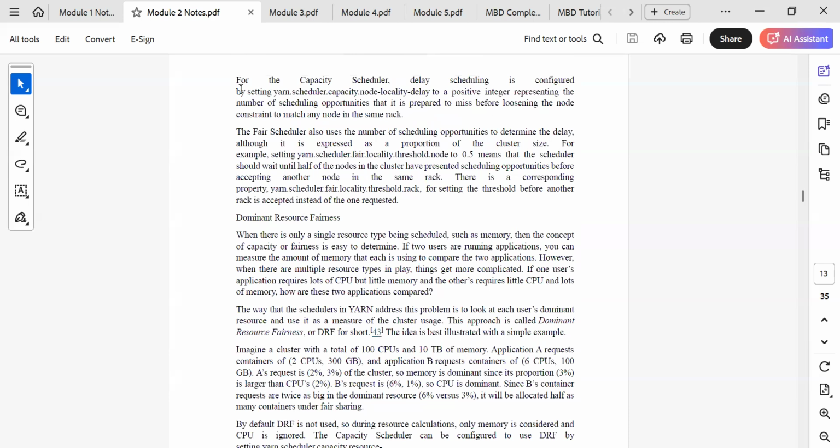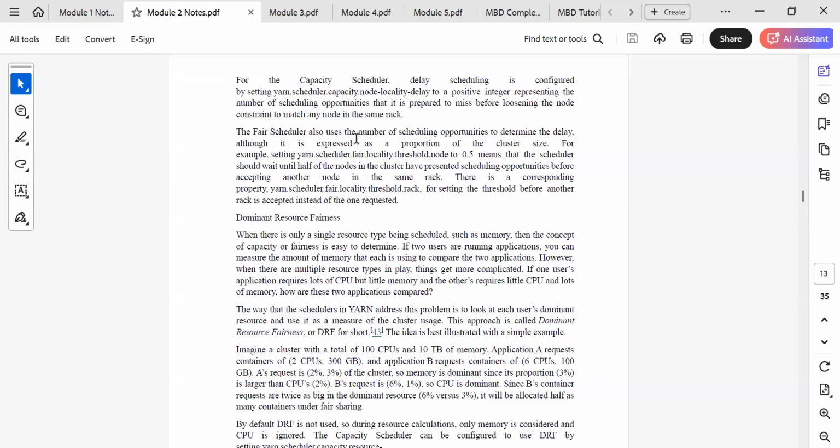For the capacity scheduler, delay scheduling is configured by setting yarn.scheduler.capacity.node-locality-delay to a positive integer representing the number of scheduling opportunities that it is prepared to miss before loosening the node constraint to match any node in the same rack.